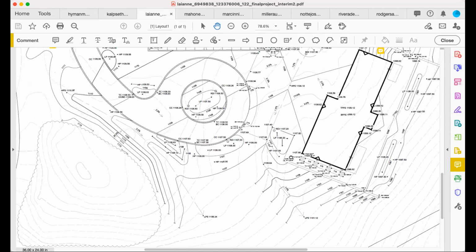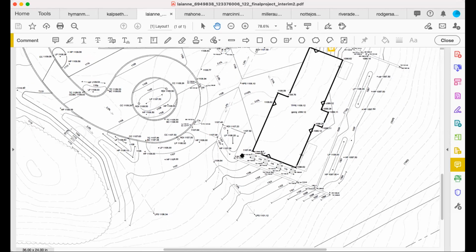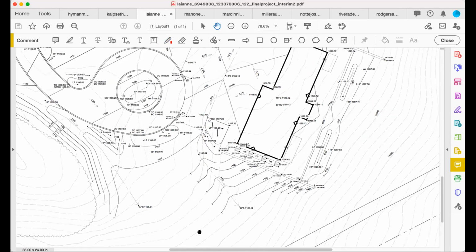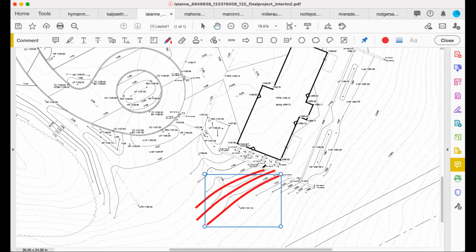Well, I don't think it's necessary to create another swale here. Yeah, these can do that. And I would only think that you need... that one can go here, no problem.